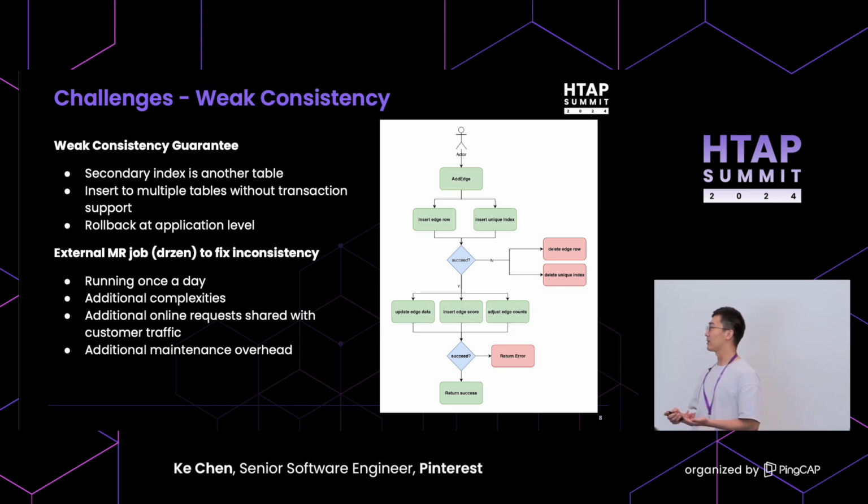Those fixing queries are shared with customer traffic. They go through the same server, adding extra load, consuming extra resources. So all of this is not only fragile, but also adds a lot of maintenance overhead to our team.